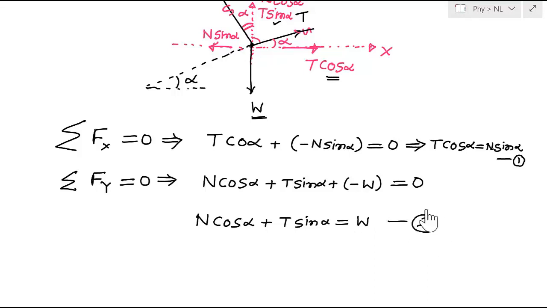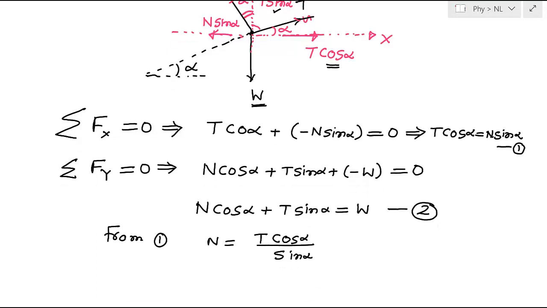Now from equation 1, we can eliminate N. So we can write N is equal to T cos alpha divided by sin alpha. So from 1 I can write N is equal to T cos alpha divided by sin alpha. So let us plug this into equation 2.